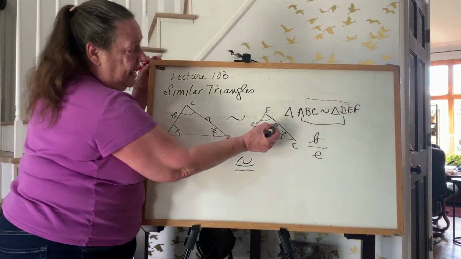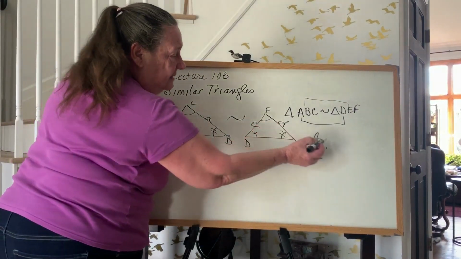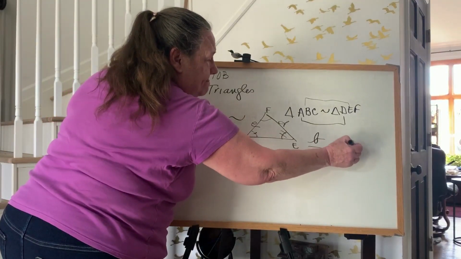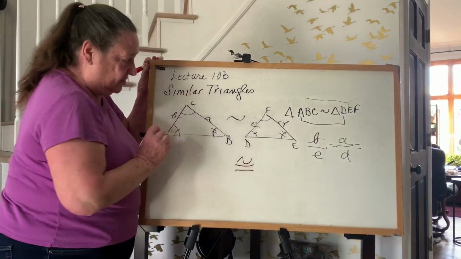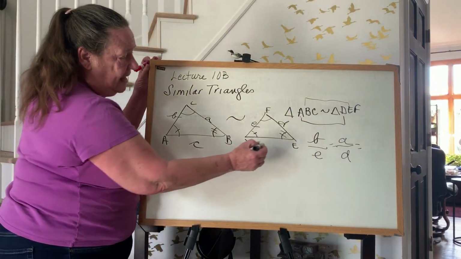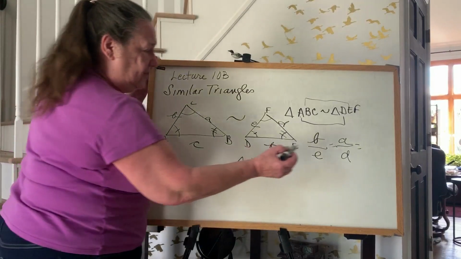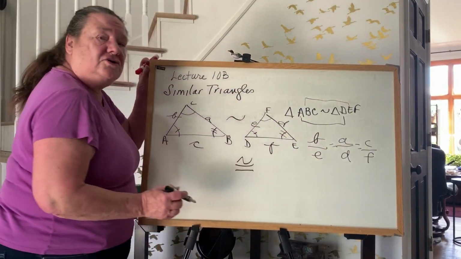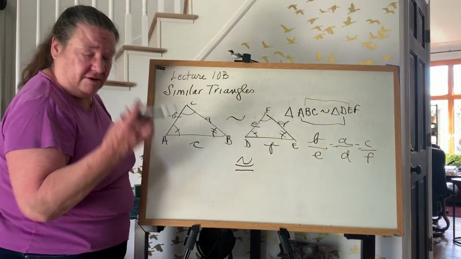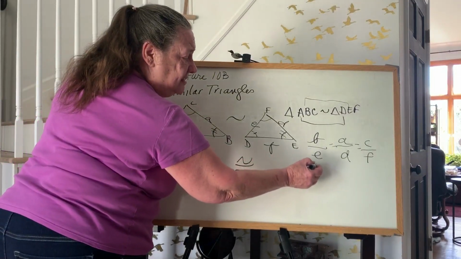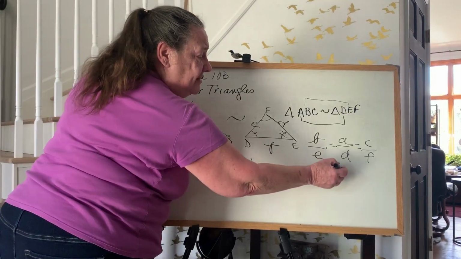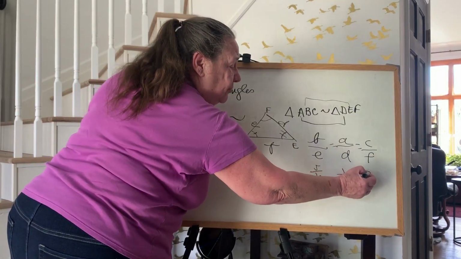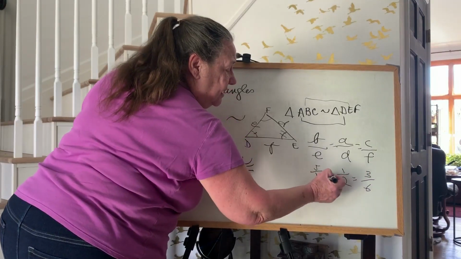A and D are in ratio. A is first, D is first, and C and F are in ratio. Okay? So, it would be like, for instance, if this was 5 over 10, this could be 1 over 2, and this could be 3 over 6.